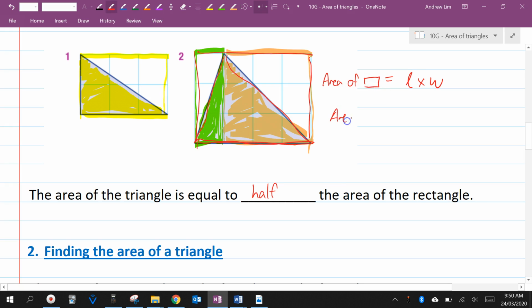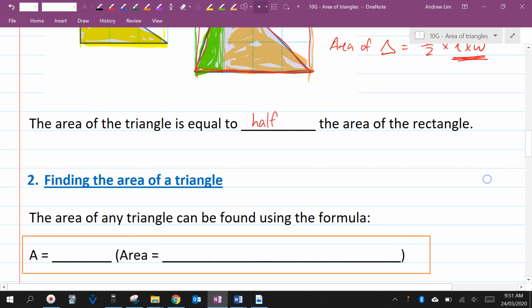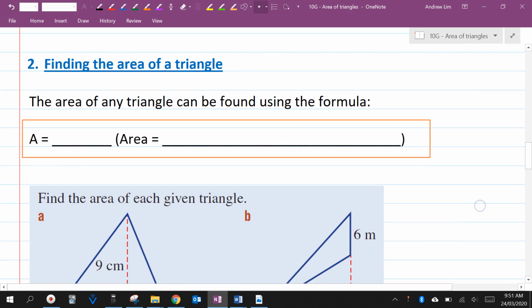The area of a triangle must be half of that, half of the length times width, except that we don't use length times width for our formula. We use pretty much the same thing, we just don't call it length and width. Instead, the area of any triangle can be found using the formula half times base times height. Half times base times the perpendicular height.